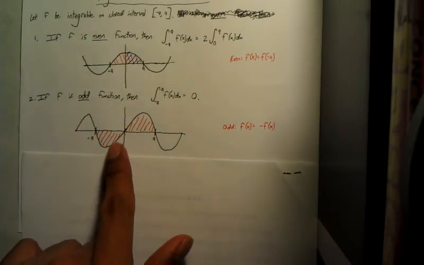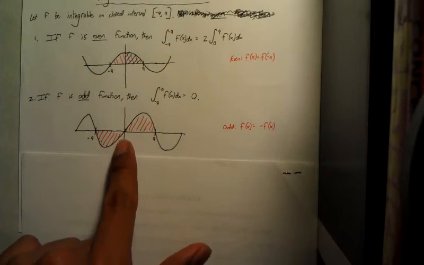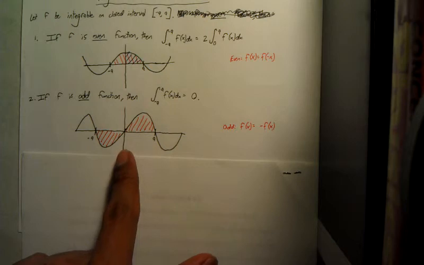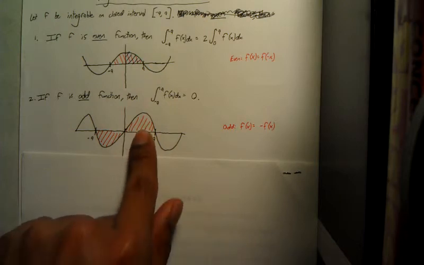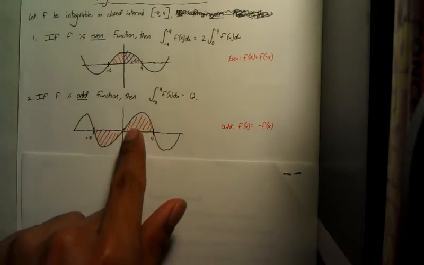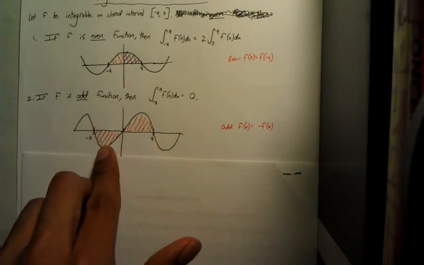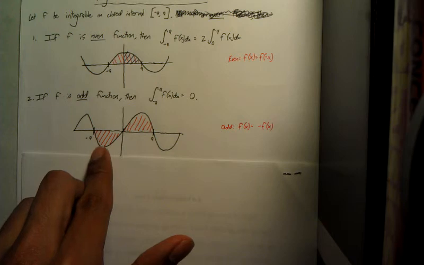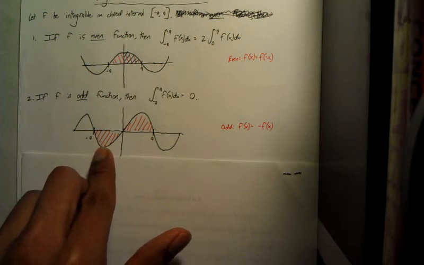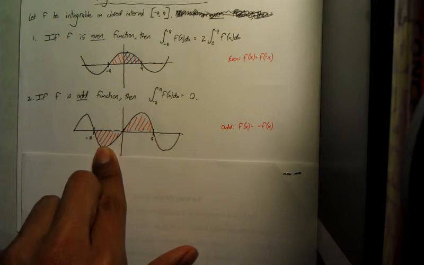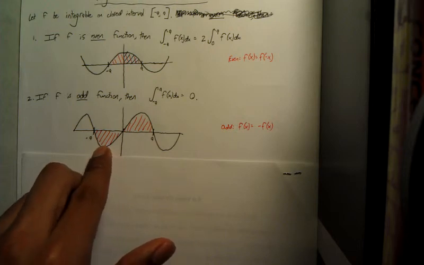If you think about it, since it's symmetrical around the origin, then when there's some sort of positive value, as you can see here, there's going to be an equal but opposite value.